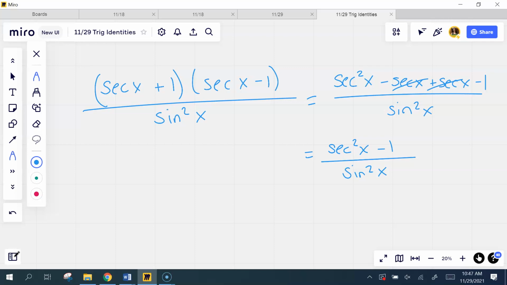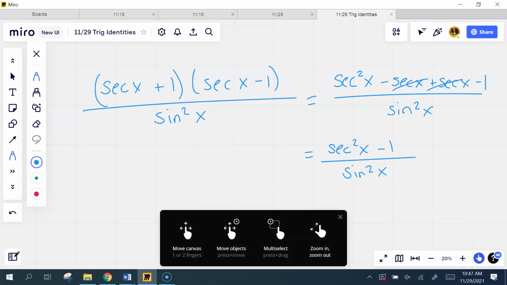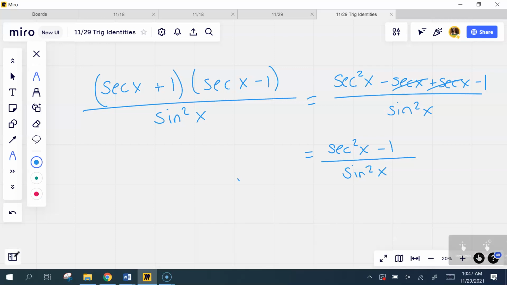Okay, so you could, but then you'd have to split it into 2 fractions. You see what I'm saying? Because you'd have secant squared over sine squared, and then you still got this 1 here you'd have to deal with. So this would be a fraction, and then this would be a fraction. So before I do that, and you could do that, do you notice anything else, specifically this?